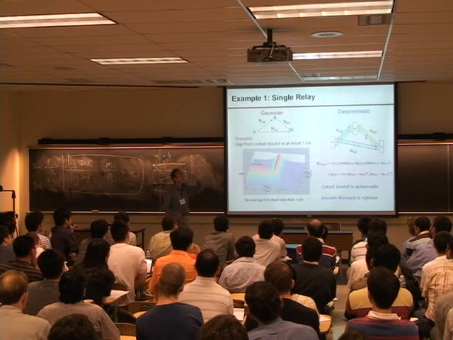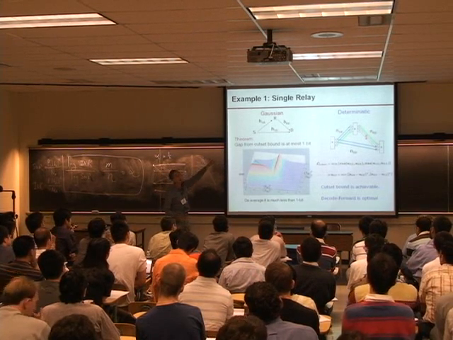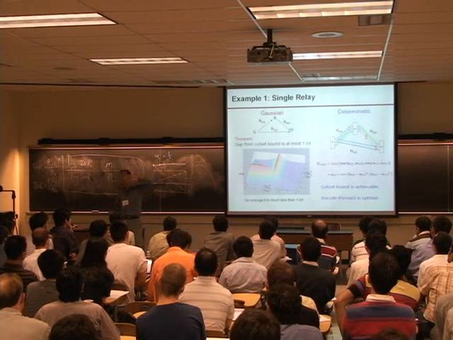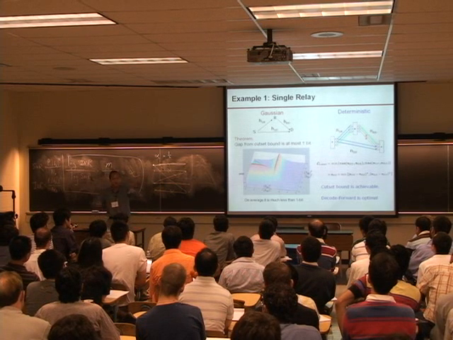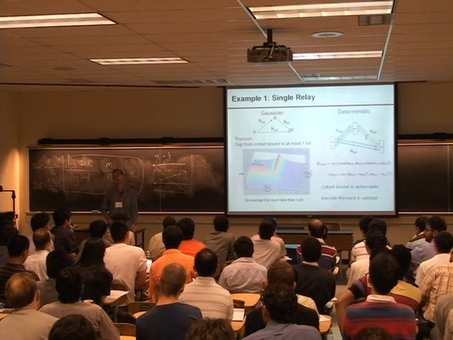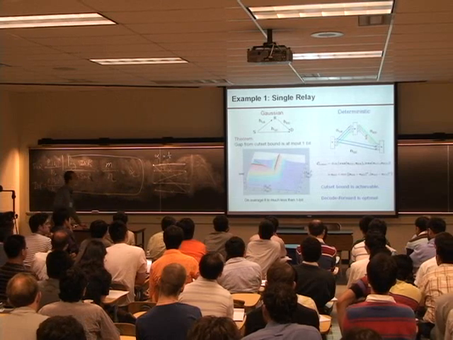Because what you can show is the strategy you would do is the following: if one of the relay links is weaker than the direct link, you just use direct transmission. As long as both of them are larger, then you start using decode-forward. I think that is the strategy that will give you the one bit gap. Yeah. Okay. Good.